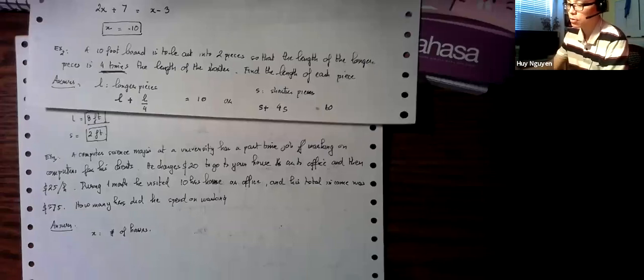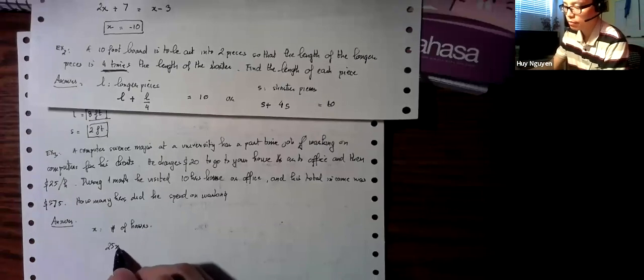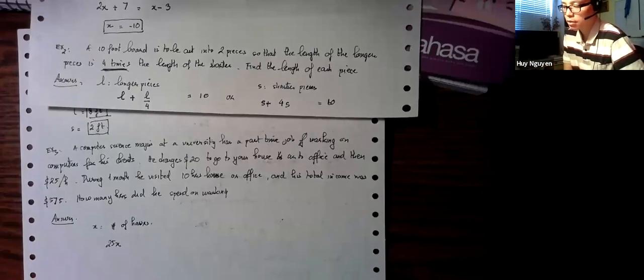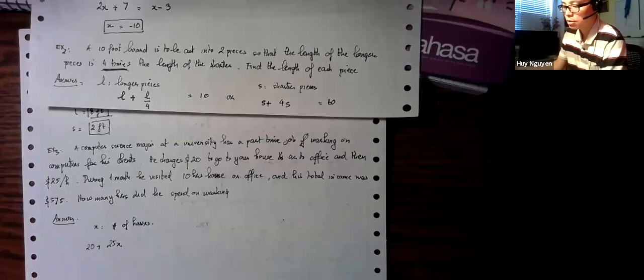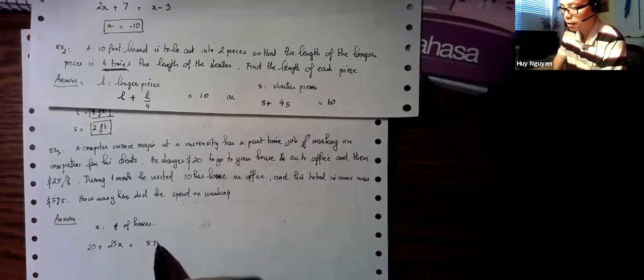Then X hours would be 25 times X. But the upfront, every time you request him to come to your house, it's $20. So you add $20 to the amount of money he earned each hour fixing computers, and it's equal to the total, 575.